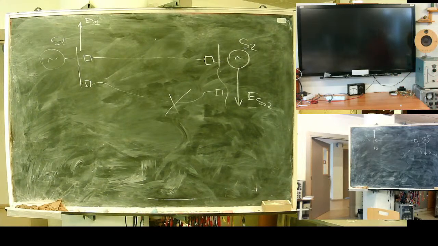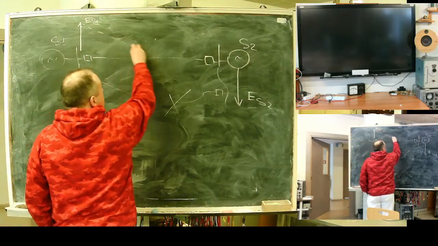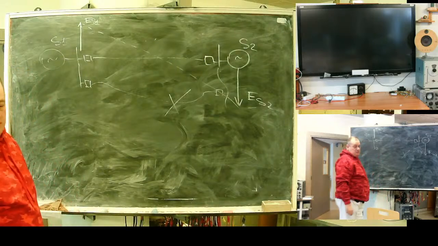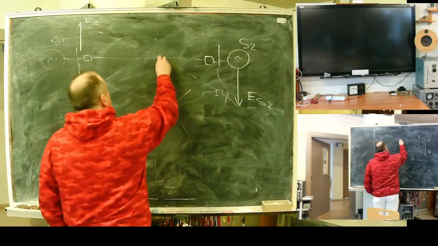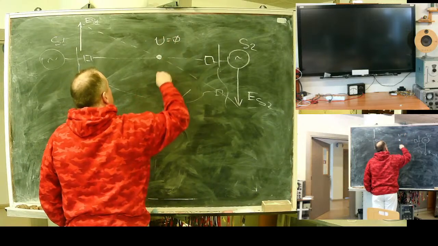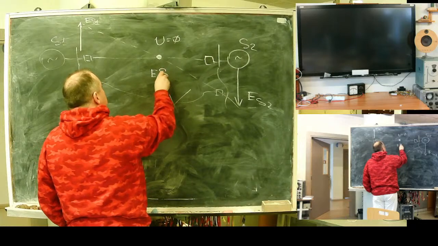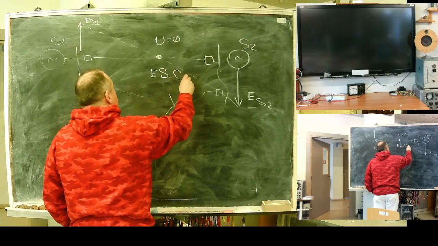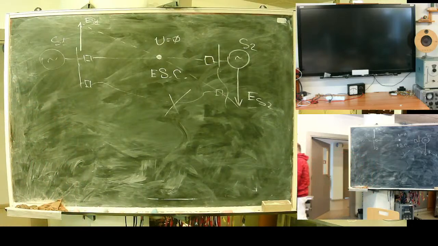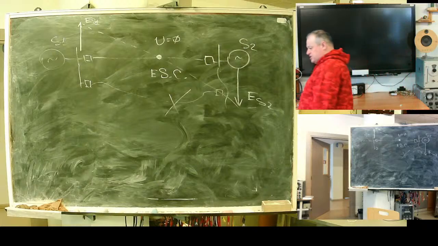It's a disaster, potentially. Here somewhere in the connection will be a point with all zero. And this is called the electrical swing center. Center of electrical swings. Point where voltage is zero.